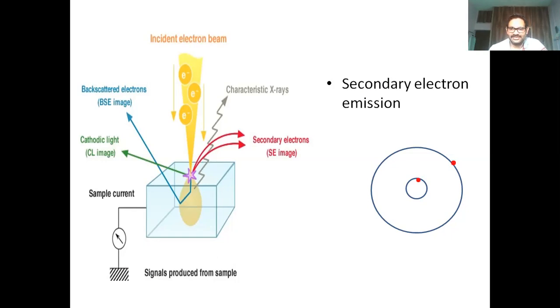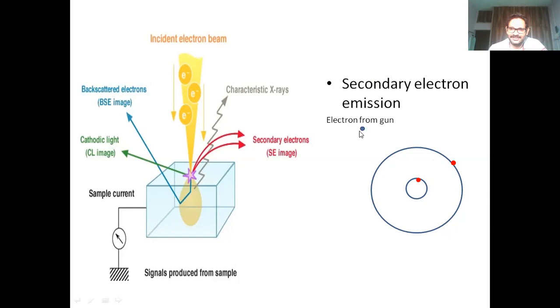Suppose this is the atom, with the K, L, M shells, and the electrons are there. Assume that. And this is the electron gun. From that, electrons are released. As we just learned, the electrons are released and hit the surface in a raster pattern.